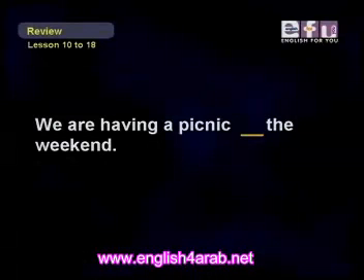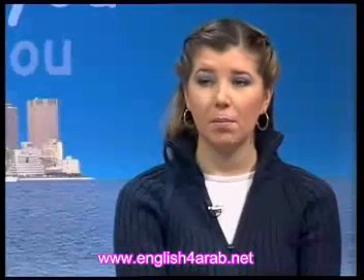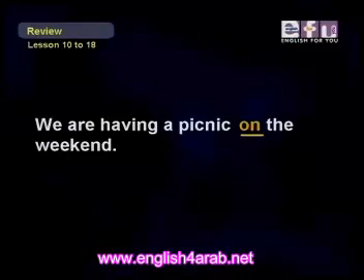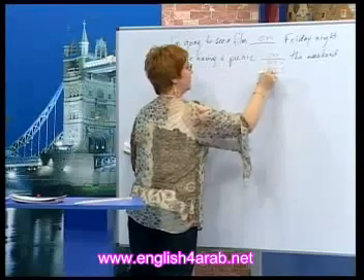We are having a picnic the weekend. Okay, Isabel, this one is for you. We are having a picnic on the weekend. On the weekend, yes. Now, can you say at the weekend? Yes, we can. It's British English. Yes, okay, so I'll put it like that.